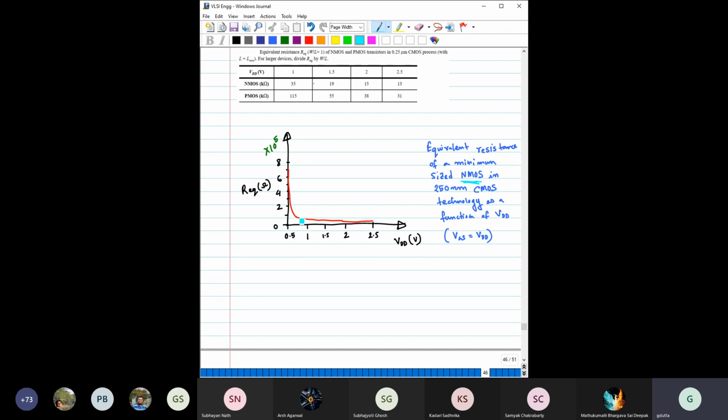Beyond that, you can see the resistance is more or less flat. It is not that dependent on VDD. So remember these characteristics, and from the relationship itself you can also guess the nature of that. So you can see the relation between R equivalent and VDD.